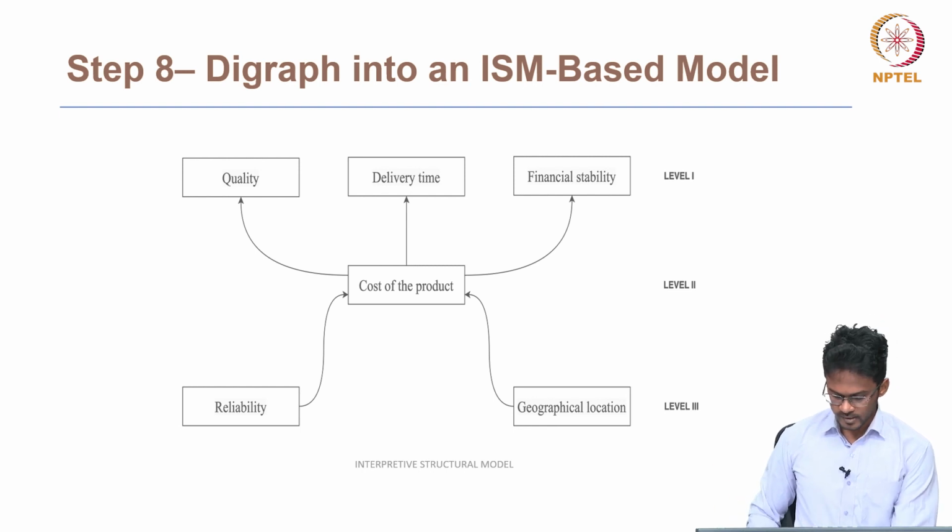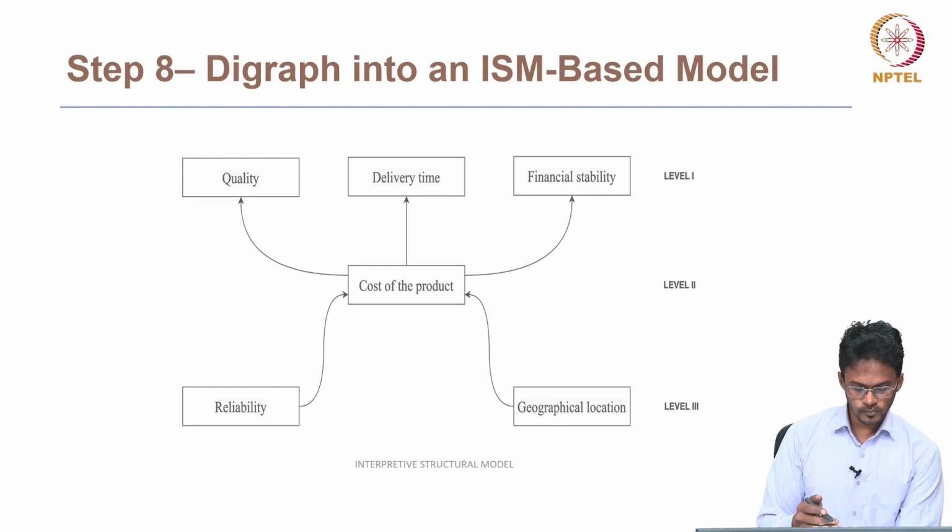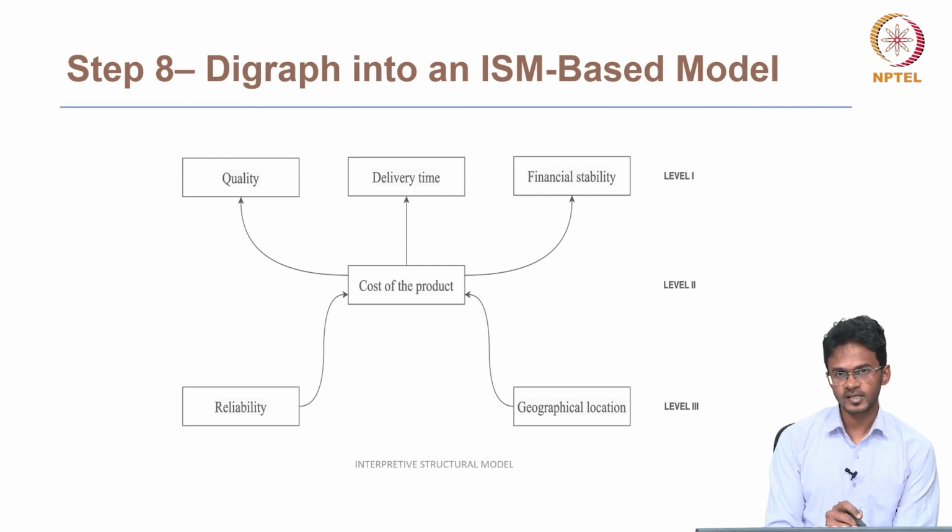And now we have to check the thumb rule, which we have seen: if the factors are in the same level, they should not have a one-way link. Either they should have a two-way link or they should not have a link.